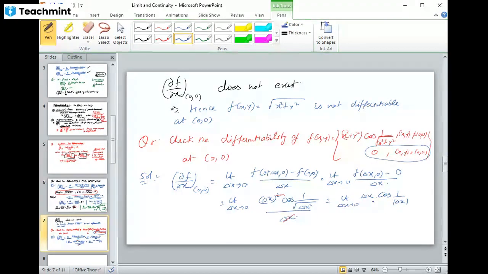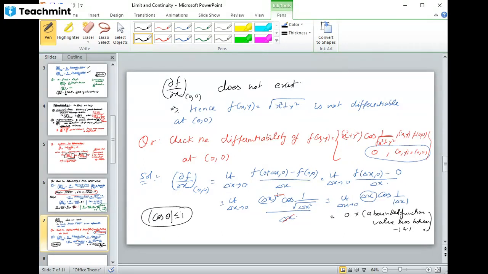Now here it is a product of two functions. Limit delta x tends to 0, and we have a cosine function, which is a bounded function: cos theta always lies between -1 and 1.